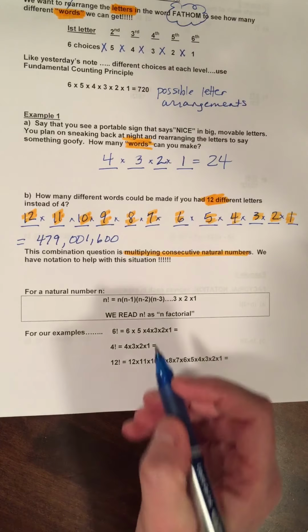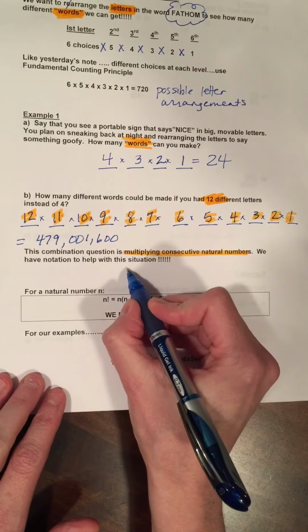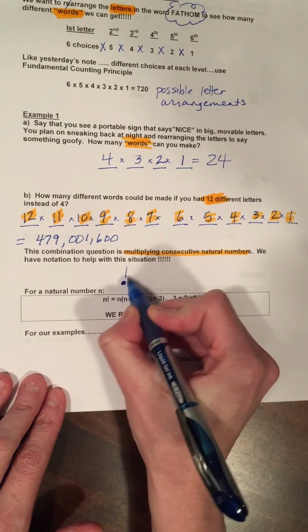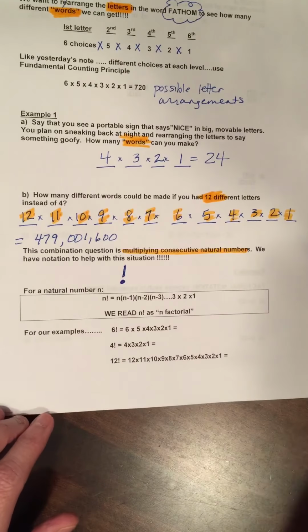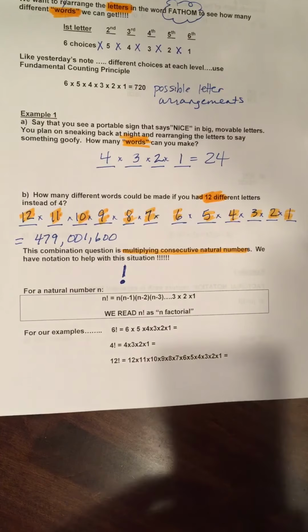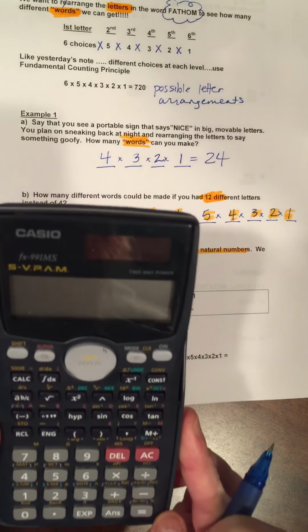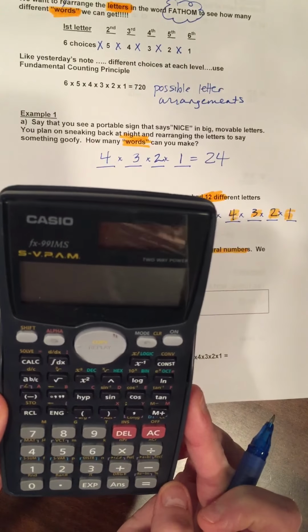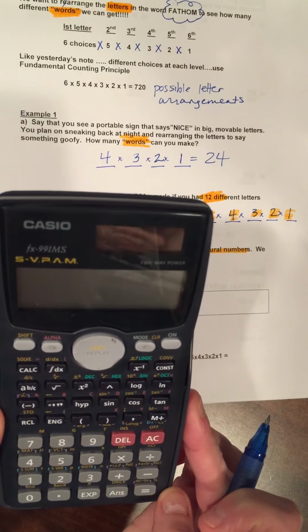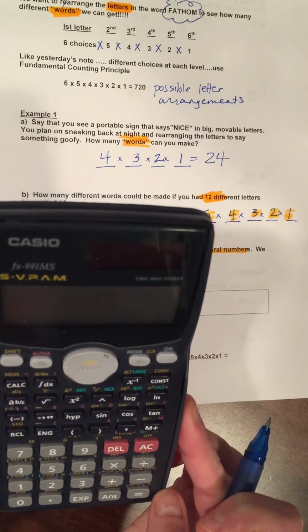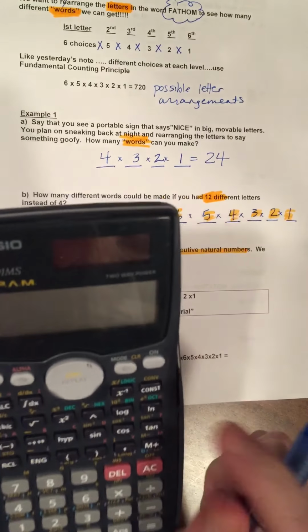On your calculator, you probably never noticed it before, but there's a beautiful little symbol that looks like an exclamation mark. Let me see if I can find it on mine. Oh, there it is, right there.